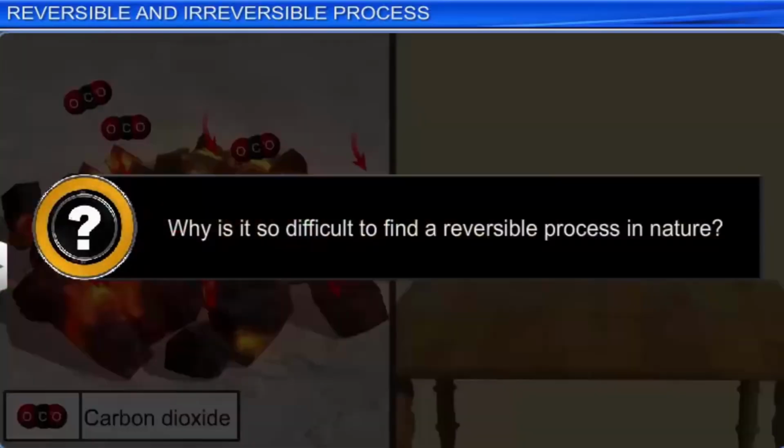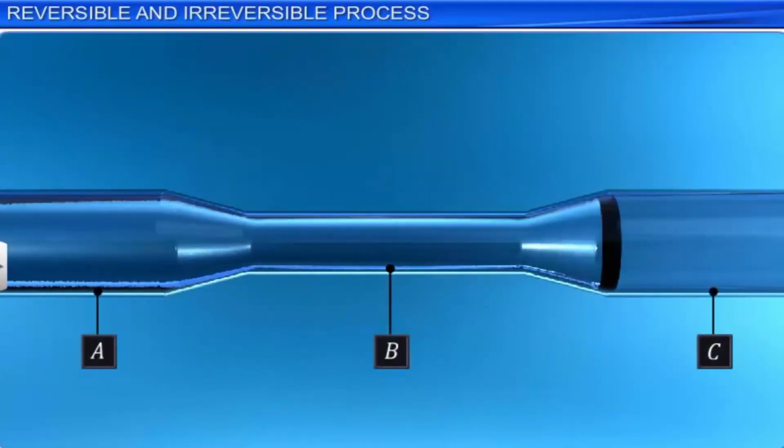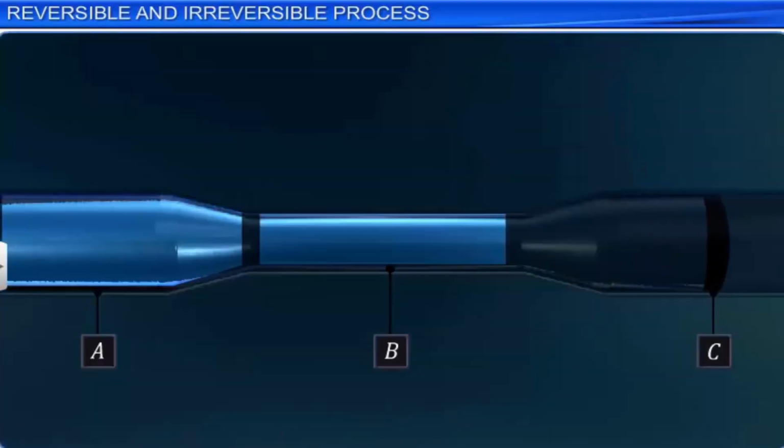Let us consider a steady flow of liquid through a pipe of variable cross-sectional areas. As the liquid flows through the pipe, it may have different speeds at different points. Let the speed of the liquid at A be V1.